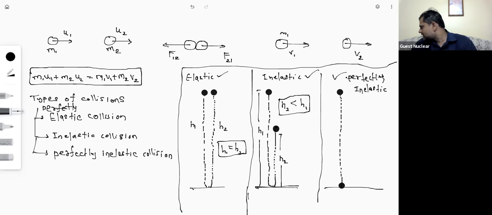So because we can see clearly that how the... these are the three types of examples.